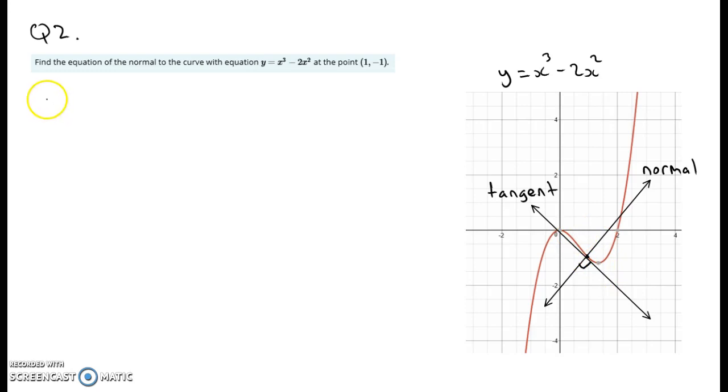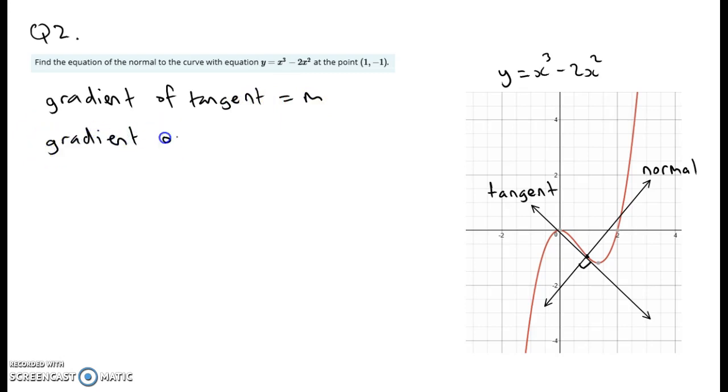So if the gradient of the tangent is equal to m, then the gradient of the normal will be, as I said, the negative reciprocal, so -1 on m. Hopefully that rings a bell from when we did linear relations earlier in the year.